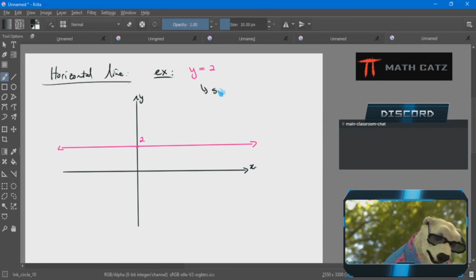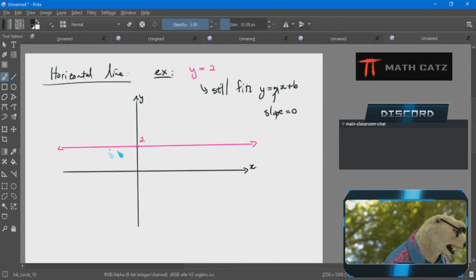It still fits the y equals mx plus b form. The slope m is just 0. And the b is, of course, the y-intercept, which is actually all the y values. So a horizontal line corresponds to a straight line with 0 slope. This is going to come up numerous times in the future. So very, very important.